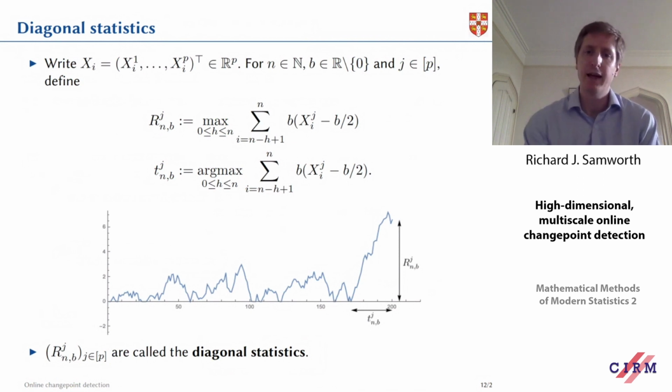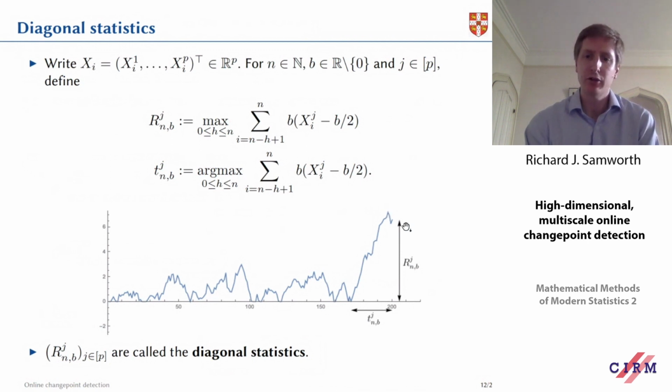So at each time n, and for a particular choice of scale b, which I'll have to tell you about later on, and then for every coordinate j, we compute Page's statistic for the jth coordinate. This is what we talked about earlier, and it's Page's statistic for testing a null that the observations come from normal 0, 1 against an alternative that it comes from normal b, 1.